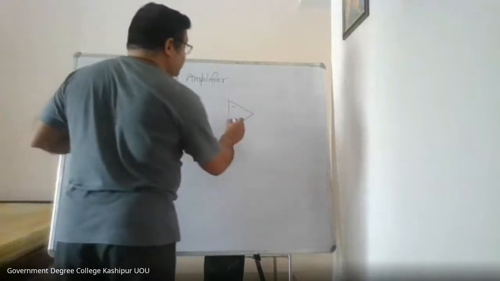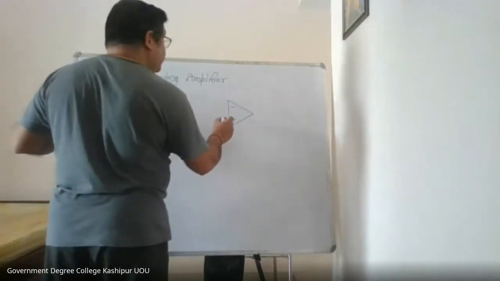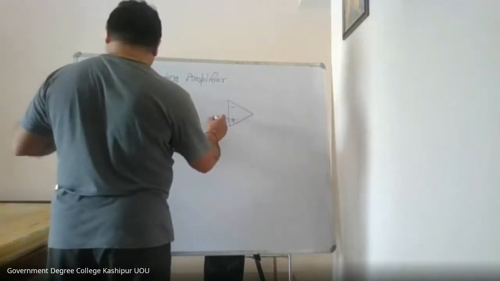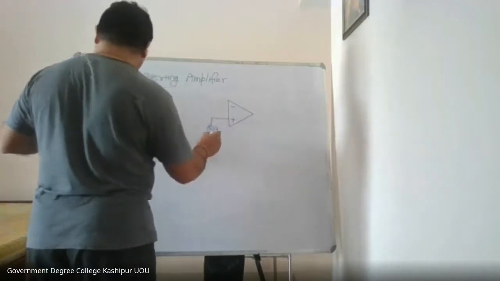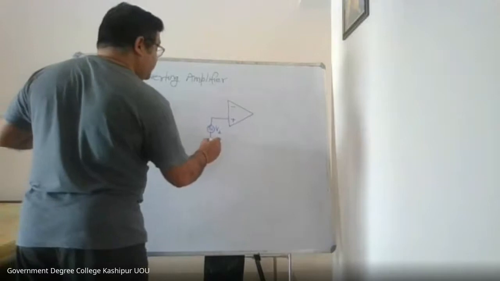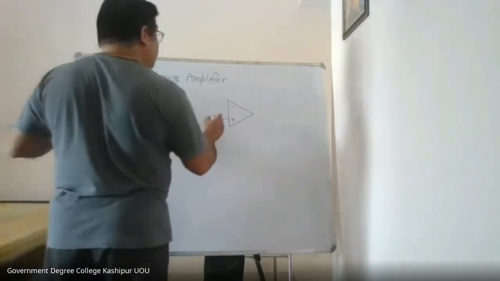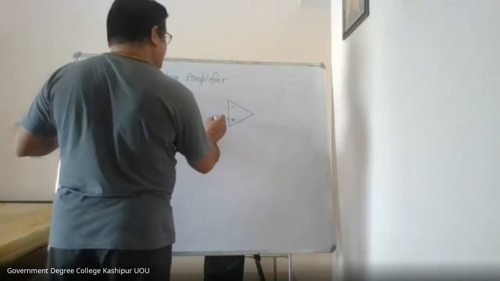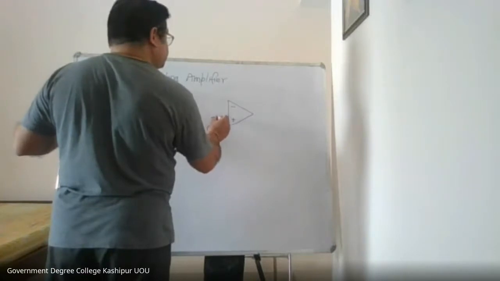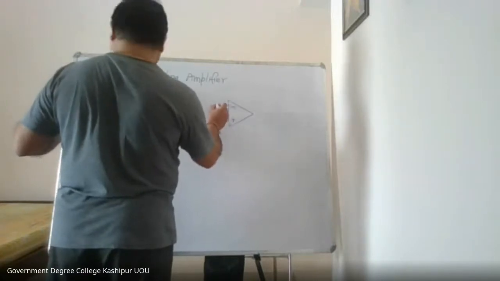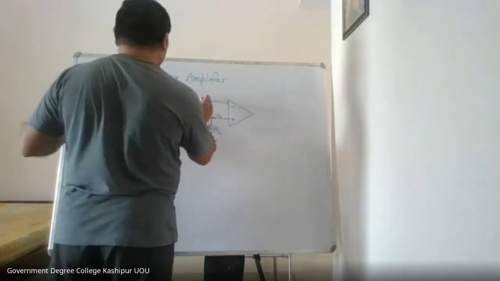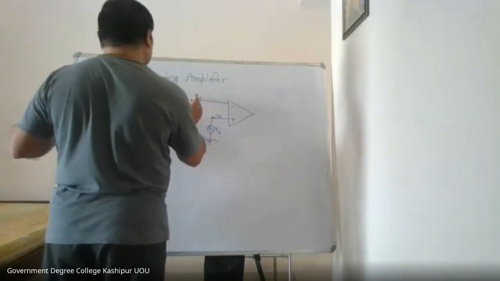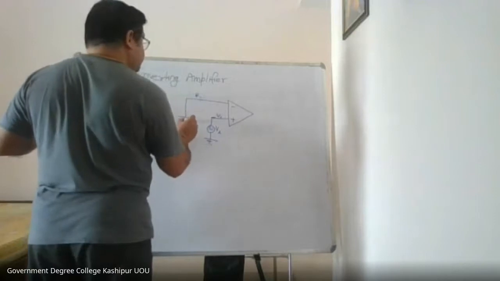Inverting terminal, non-inverting terminal, Vi, V1, and here resistance R1, this is capacitor.